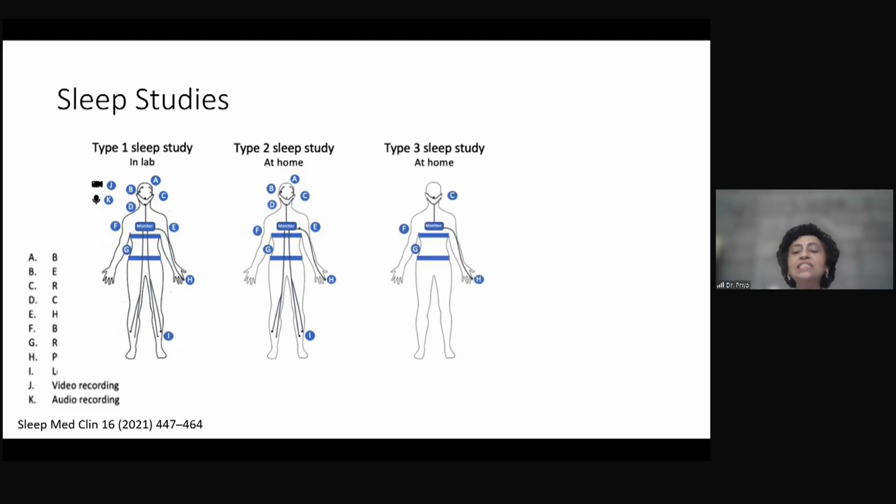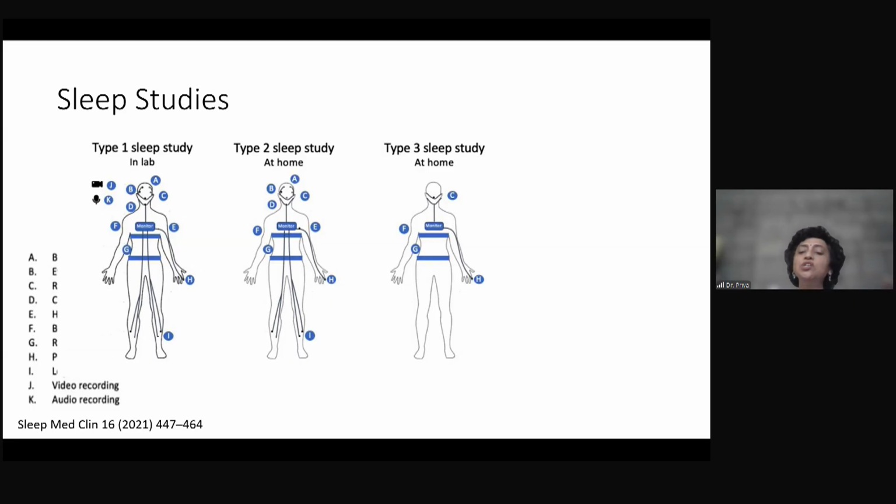Level 3 has predominantly respiratory channels. You have oximetry, chest movements, and abdominal movements, and we look at only the apneas and hypoxias that are picked up. But the data that we get is of a whole night's events.